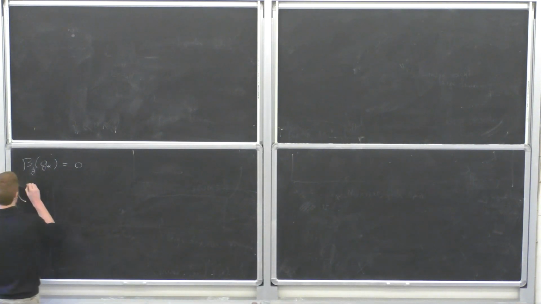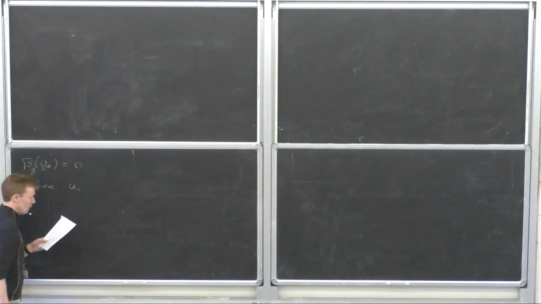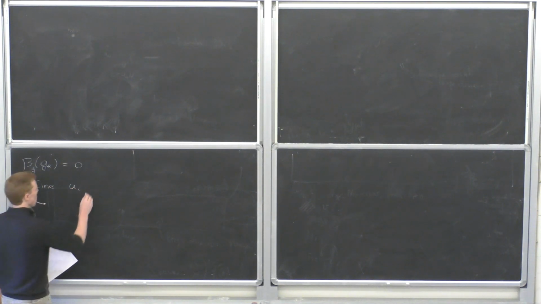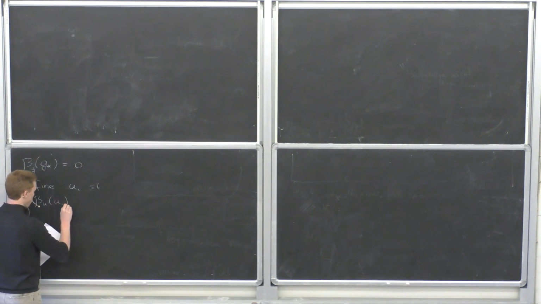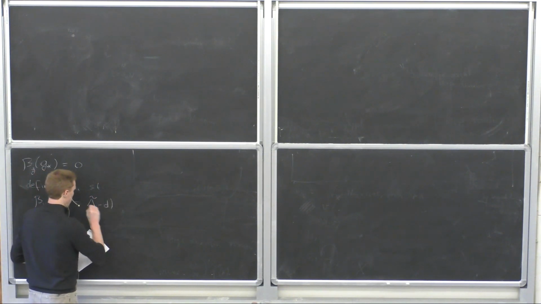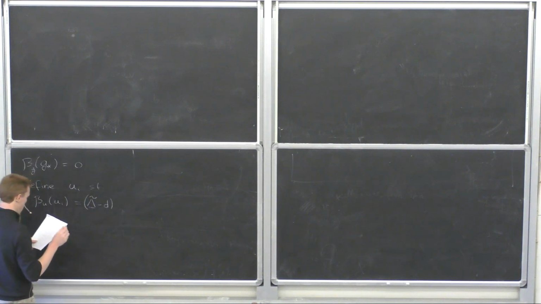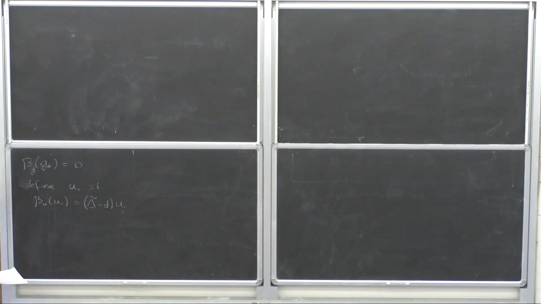So you define new couplings that I'm going to call U, such that the beta functions in this U basis, as a function of these U's, are simple: beta U I. So they're diagonal.